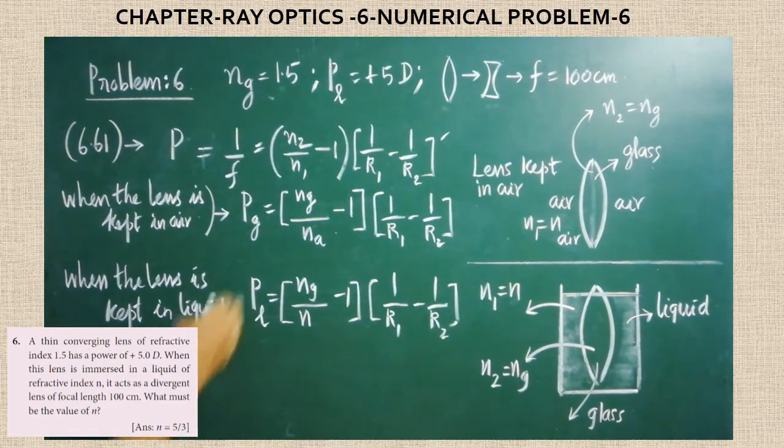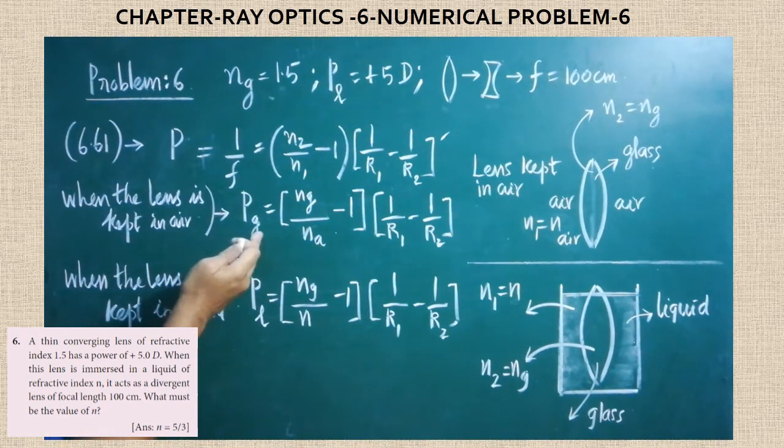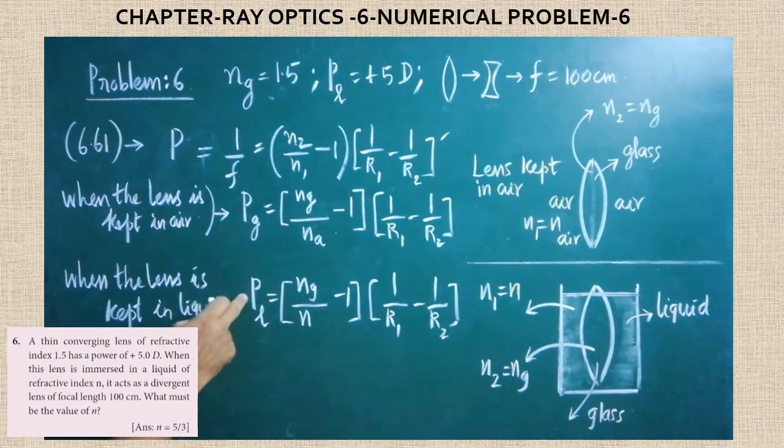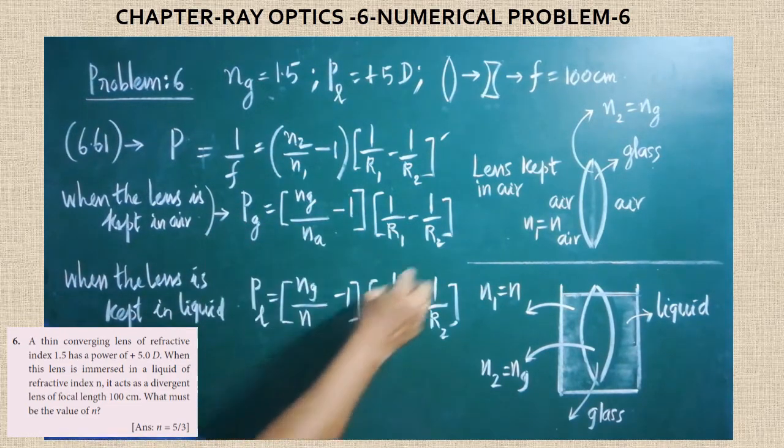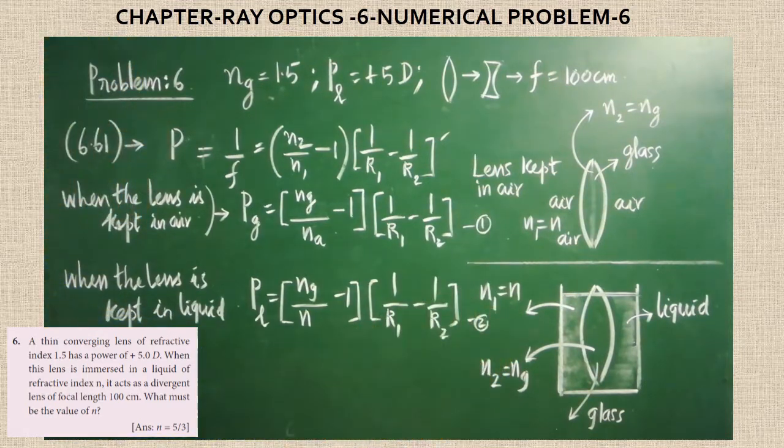Are you clear? Now we have framed two equations. One is for the power of the glass lens when it is kept in air. The same lens, when it is kept in liquid, has its power calculated. That's why this is written as power of the lens when it is kept in liquid. So the two equations are ready.